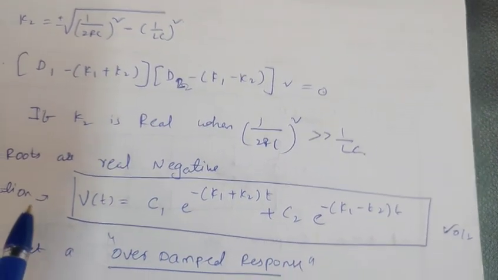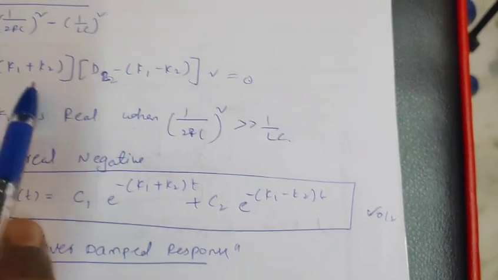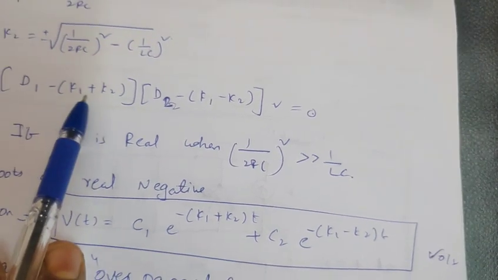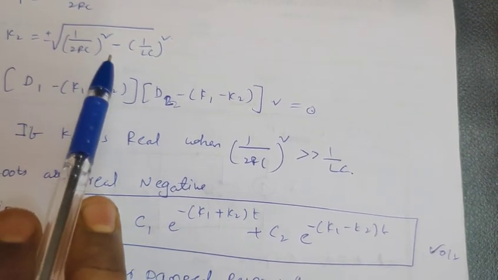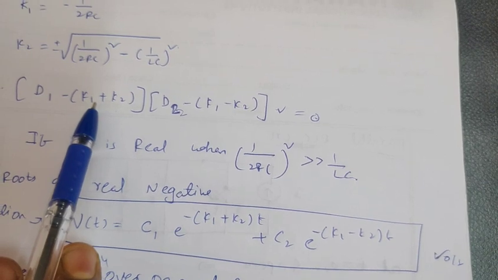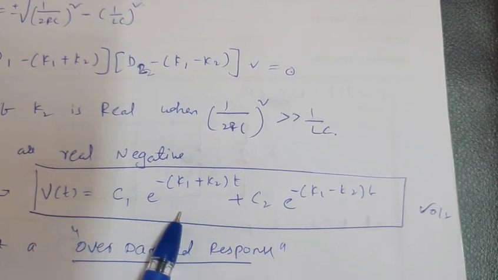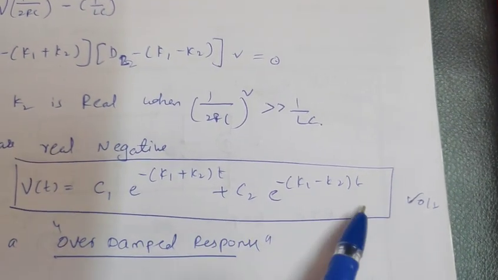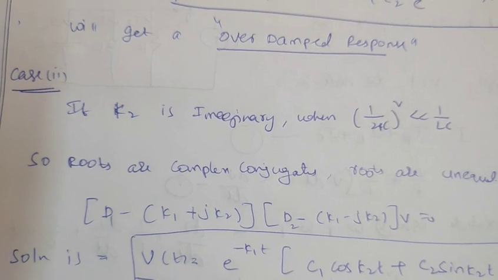Therefore the solution is C1 into e power of minus (K1 plus K2)t, for this differential equation with these roots. Similarly, C2 into e power of (K1 minus K2)t, which means we will get an overdamped response.